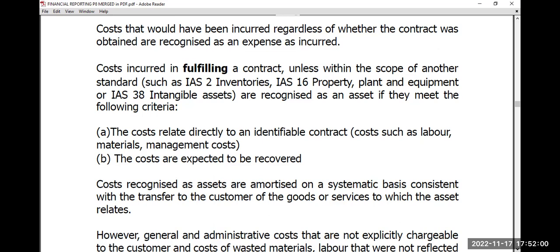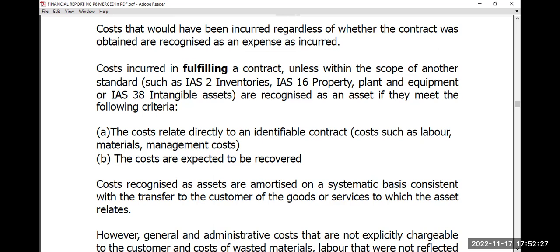Because we are saying that there may be costs that are directly related to an identifiable contract, such as labor, material, management costs, and others. The costs are expected to be recovered. That's a very big point: if you have to recover those costs, and those costs are directly attributed to the asset, then they are supposed to be capitalized.